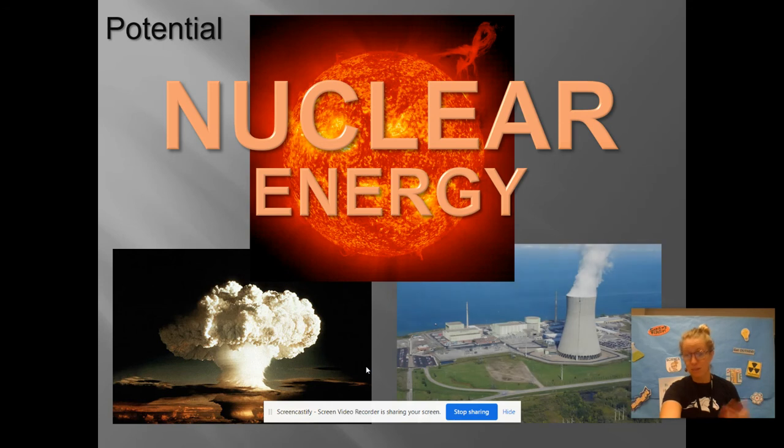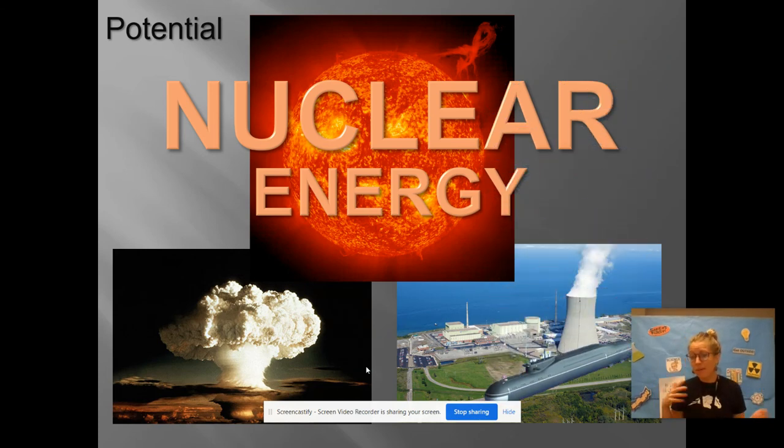And the third place, most common, is nuclear power plants, where nuclear reactions are used to transform energy into electrical energy. And nuclear-powered submarines are a similar vein, where those reactions are used to fuel the submarines. So nuclear energy is super powerful.